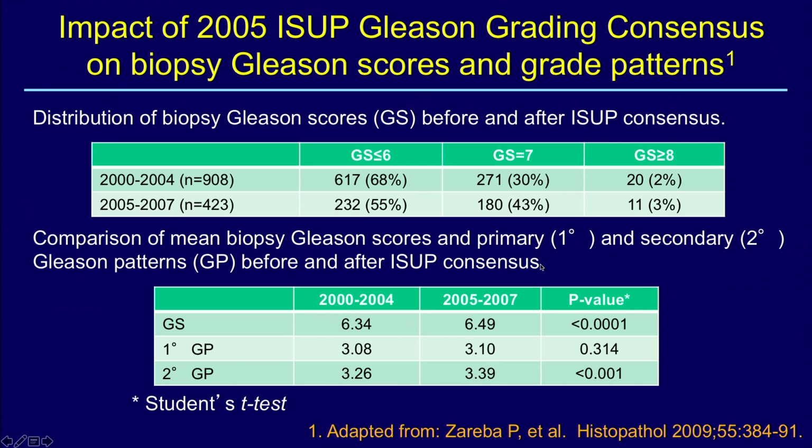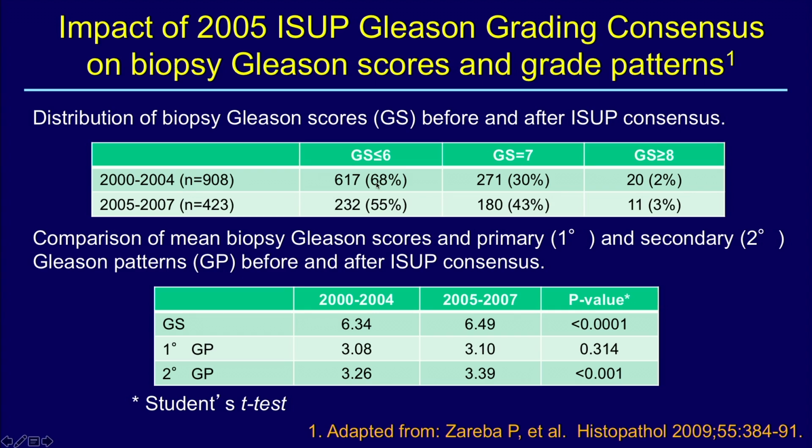Well, the obvious thing that would happen, and was confirmed, is that you would have grade inflation following those recommendations. In fact, this is a study out of Canada that looked at their grading practices of the same group of individuals, same pathologists, grading cases before the 2005 consensus conference and after it.